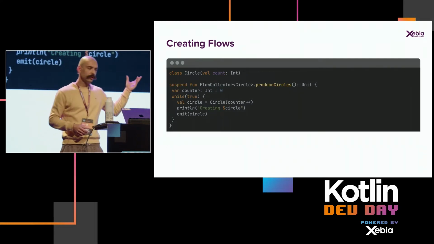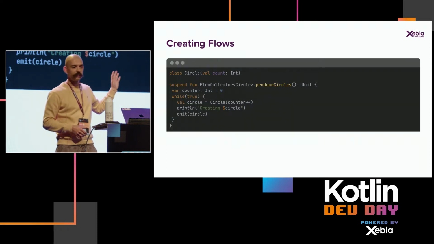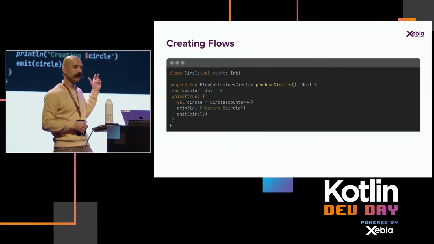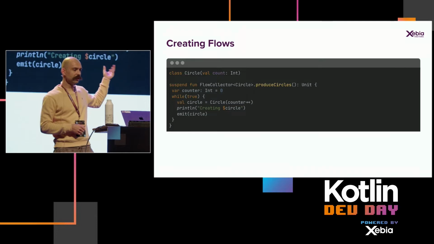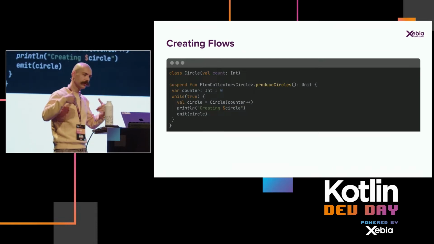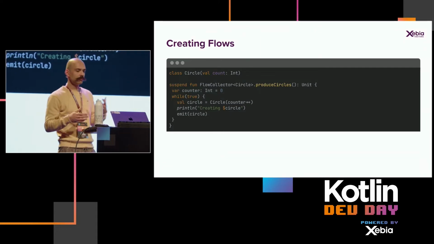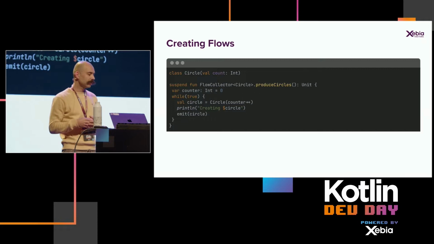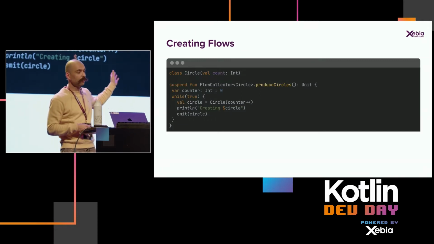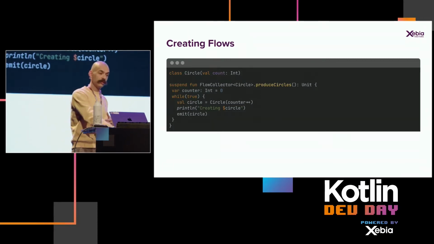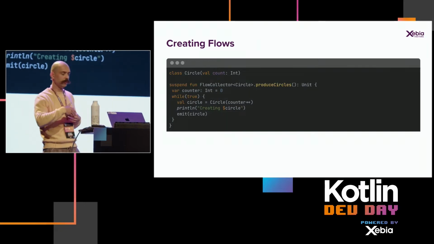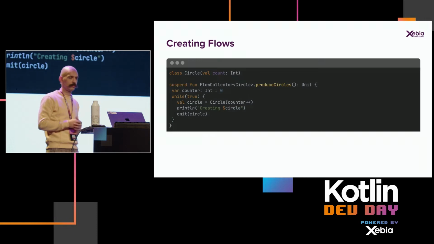So here, and this might look a little bit foreign to a lot of Kotlin developers, I've put the FlowCollector interface as the receiver of the function, so that in the function body, we have access to the emit function. And then we create a counter so that we can keep state. And in this case, we can safely use a var, because we know that this producer of the circles is single-threaded, so there's no concurrency happening. So we are fine using a simple var value.